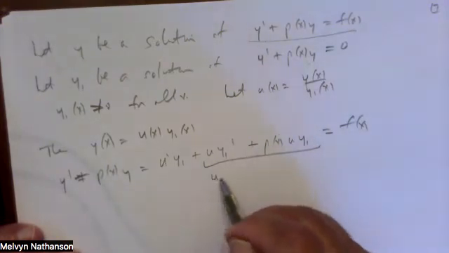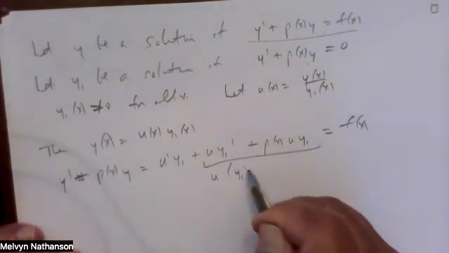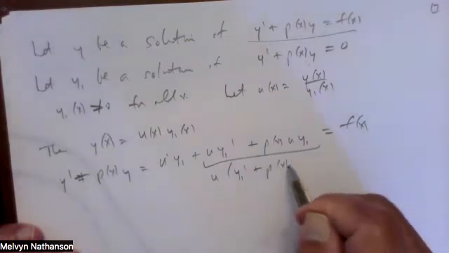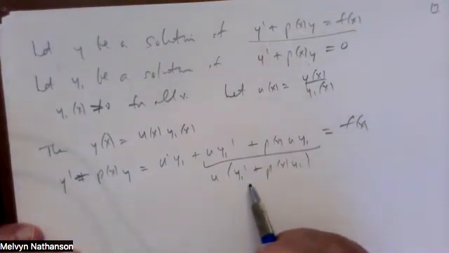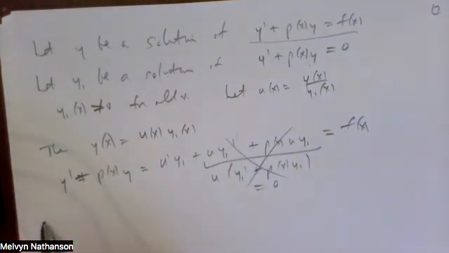Here, if I factor out a u, I get u times y1 prime plus p of x y1. But this is 0. So this term disappears, and u prime y1 is equal to f of x.